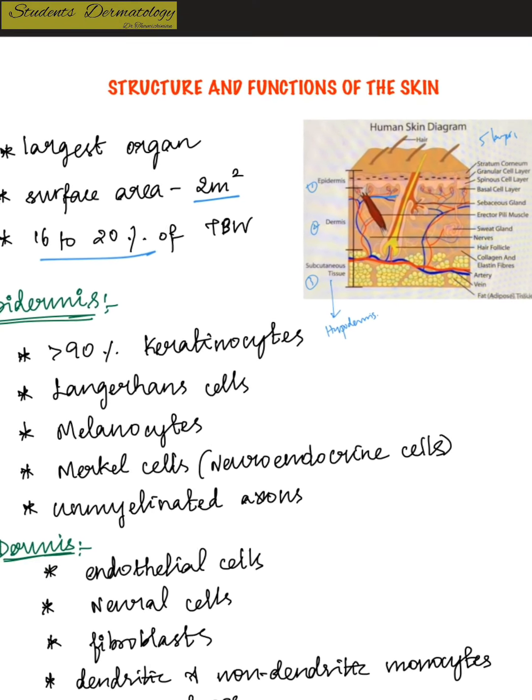The epidermis consists of cells like keratinocytes, Langerhans cells, melanocytes, Merkel cells, and some unmyelinated axons. Of all these, keratinocytes make up more than 90% of cells in the epidermis.